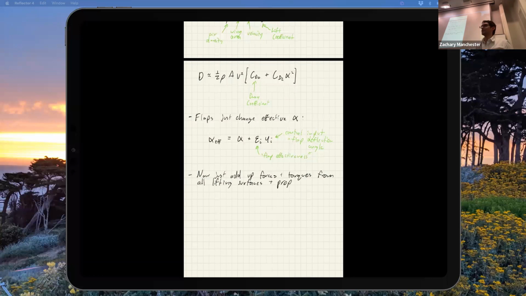We're not going to do this by hand because it's complicated. As you can imagine, there's a center of lift for every one of these and an offset vector and lots of cross-producty things and whatever.